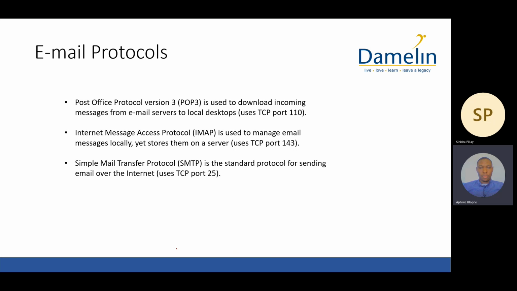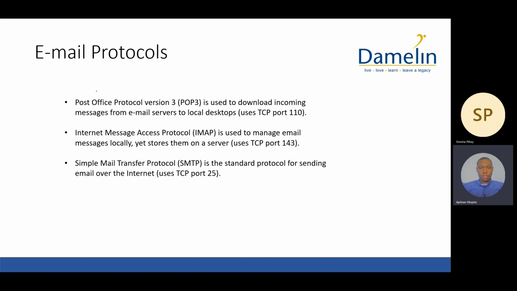Post office protocol is used for downloading email, receiving. The post office, you receive things. IMAP is another protocol for receiving. The difference is that IMAP is used to manage email messages locally, yet stores them on the server.